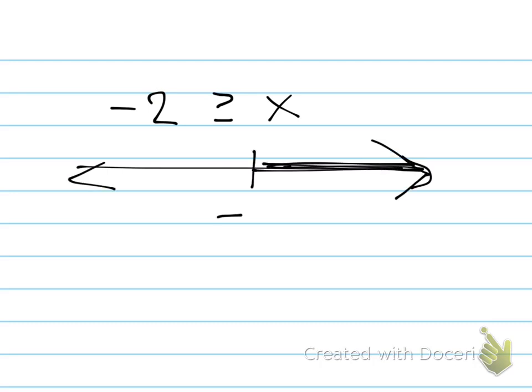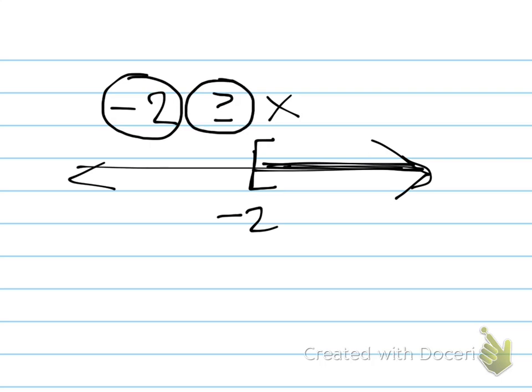So you would think that it would be -2, and that gets a bracket, right? And you'd be wrong. What does this say? This says -2 is bigger than our x, doesn't it? So that means this point right here is bigger than my x. So where should my shading actually be? To the left.